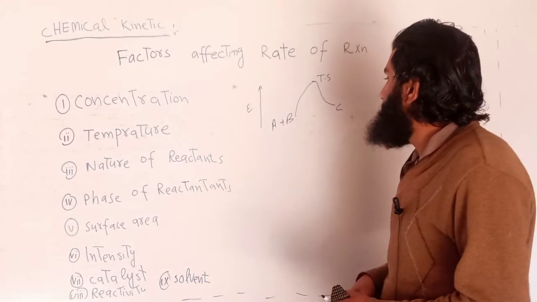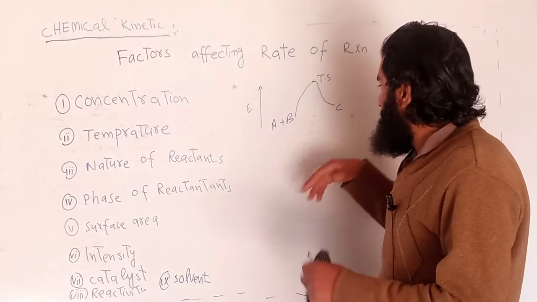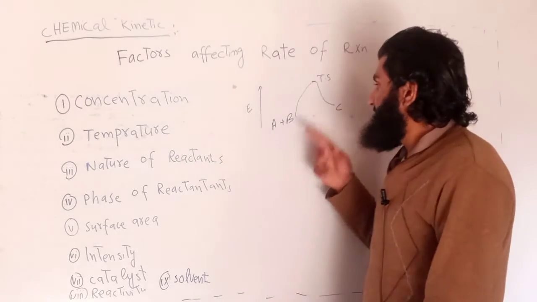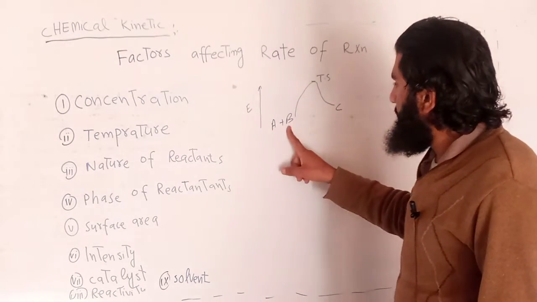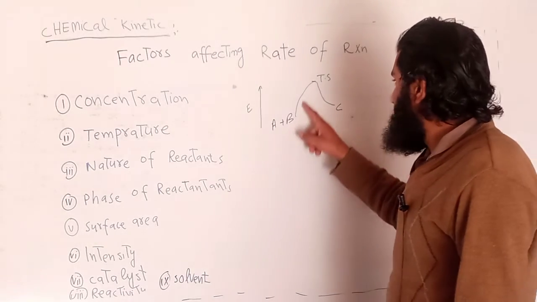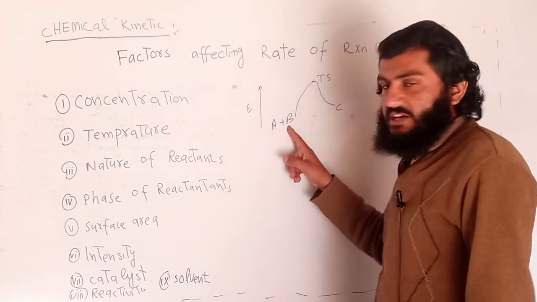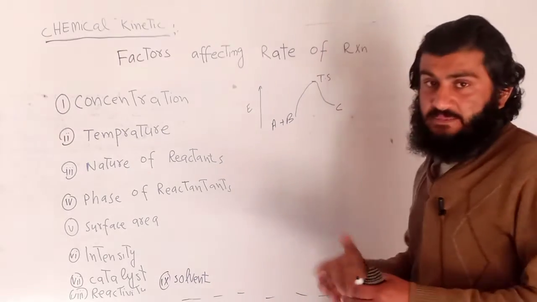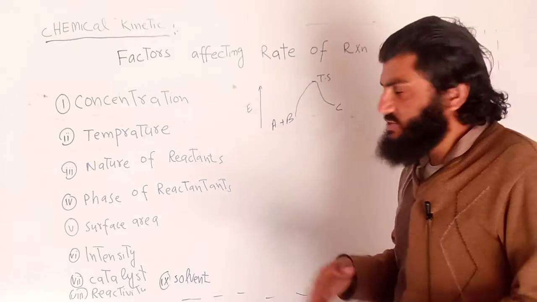If A and B want to form a product C, it is necessary that A and B cross this barrier. To cross this barrier, they will absorb energy from an external source.